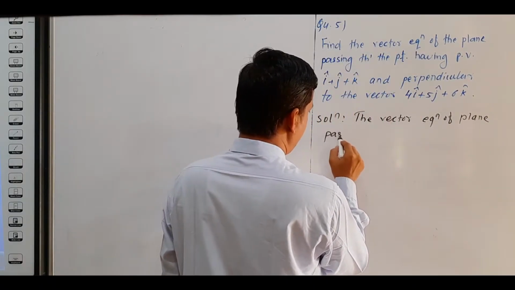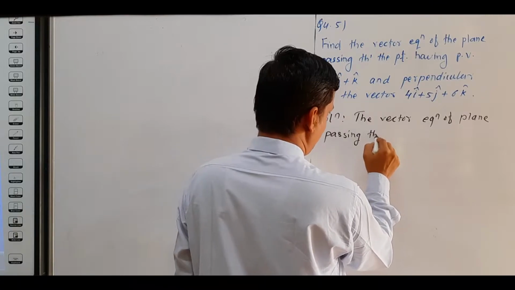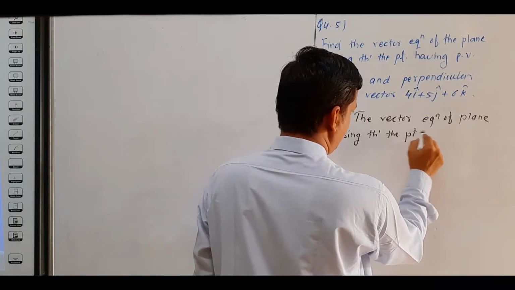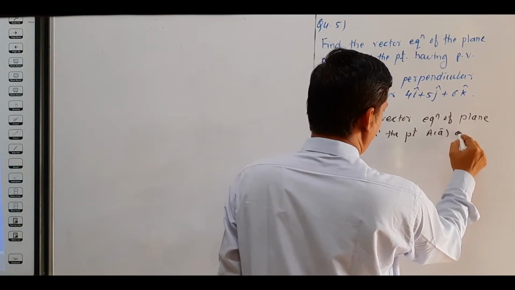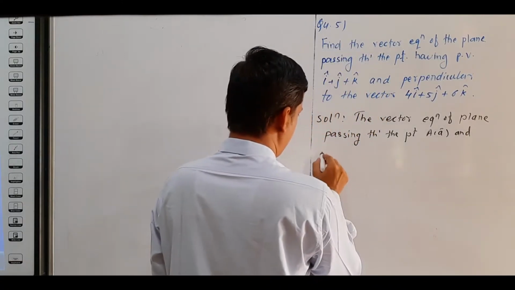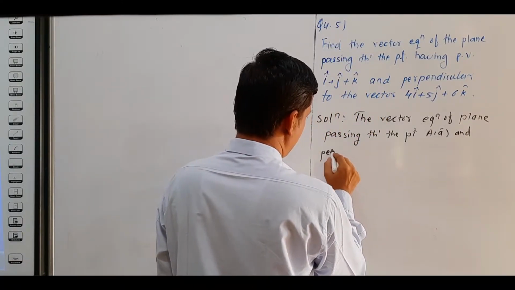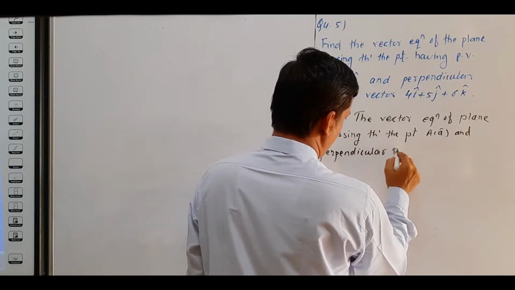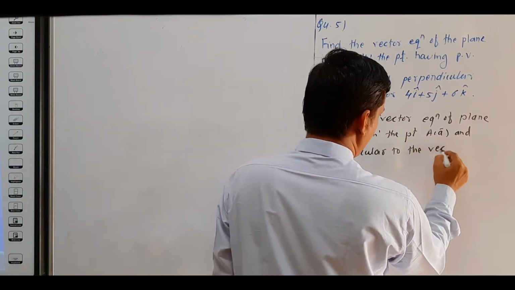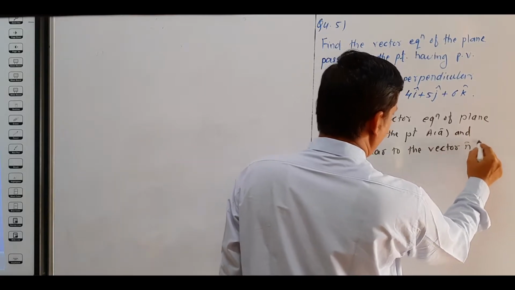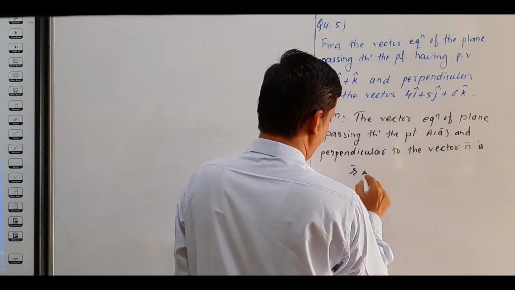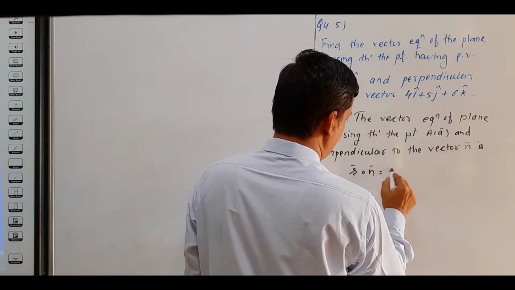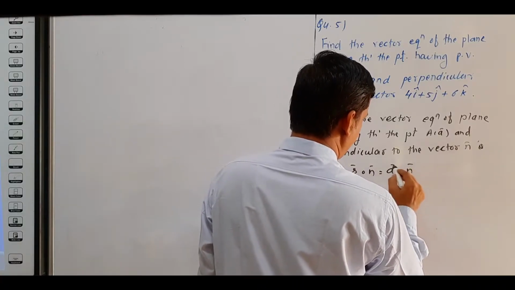passing through the point A of a bar and perpendicular to the vector n bar is r bar dot n bar is equal to a bar dot n bar.